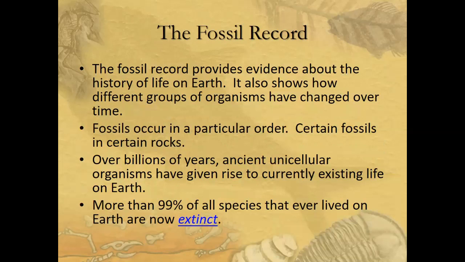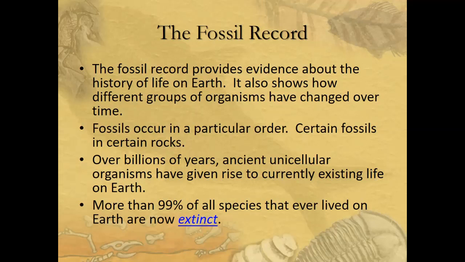Fossils occur in a very particular order. Certain fossils also occur in very particular types of rocks. And over the billions of years of history of our planet, ancient unicellular organisms have slowly given rise to the current life that you see around you on our planet. The big thing I want you to take away from this is that more than 99% of all species that have ever lived on our planet are now extinct.